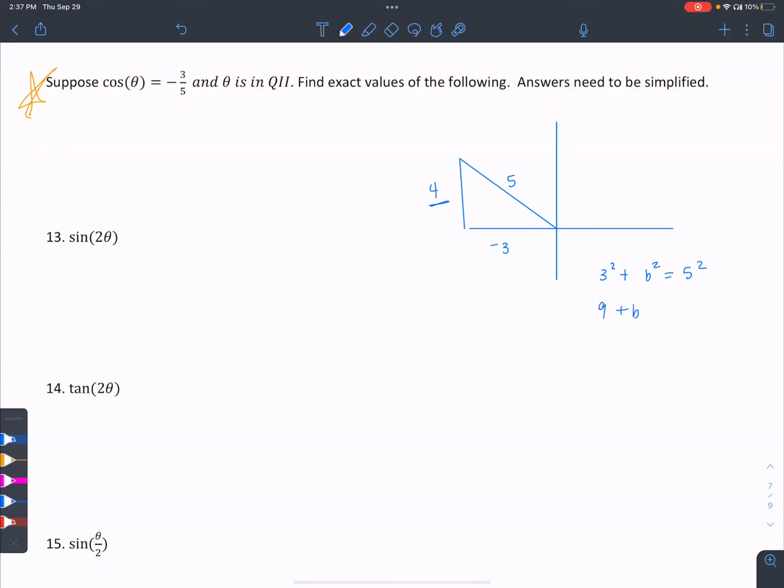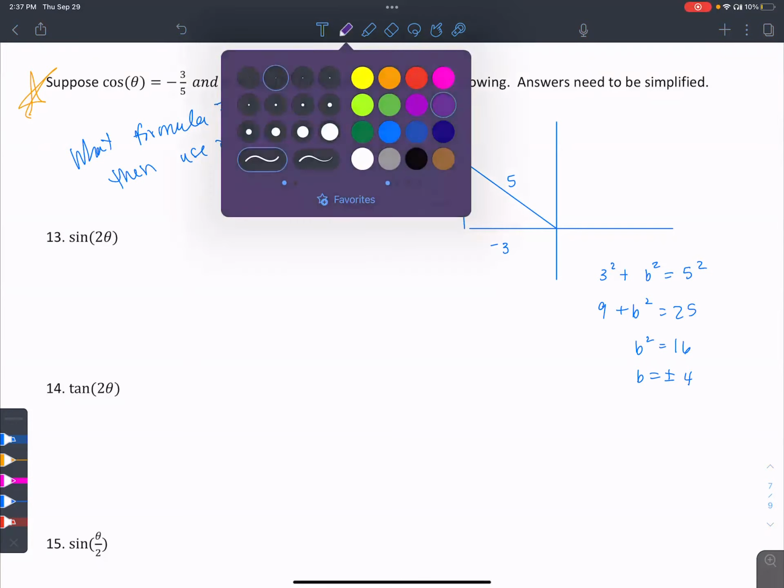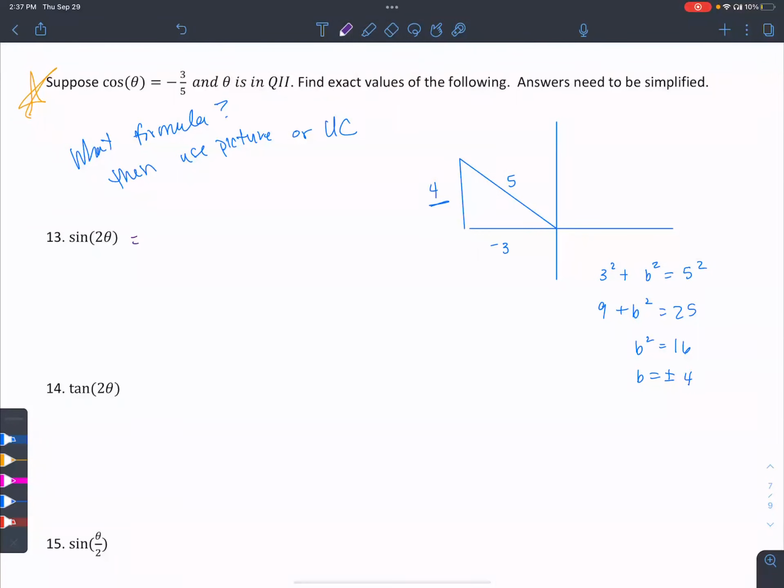So 9 plus b squared is 25. So b squared is 16. So b is plus or minus 4. All right. So what formula? Then use your picture or the unit circle. So the sine of 2 theta formula is the double angle identity.